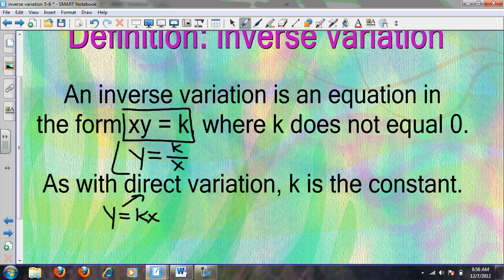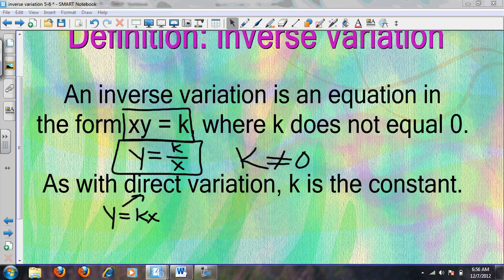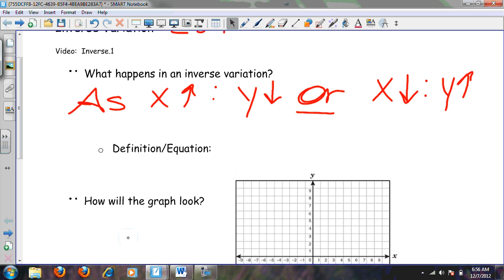These two equations are equivalent. So remember, k cannot equal 0. So when we're looking at our definition or equation, you could say xy equals k, or y equals k over x.